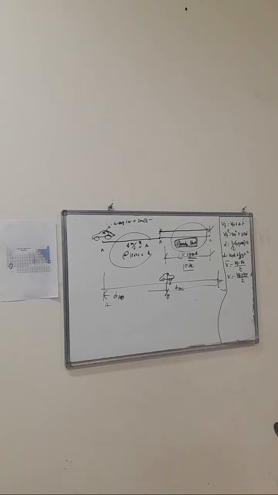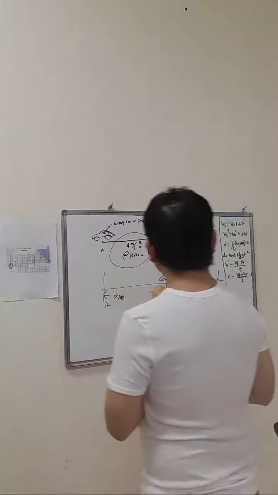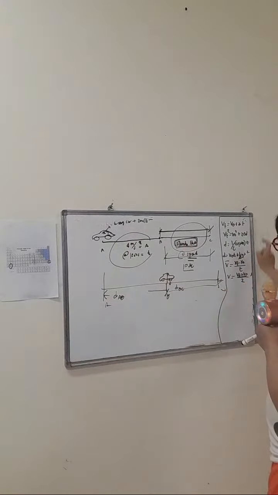So look at these equations to solve for the distance. Now check which equation is applicable. For the first one, you have an acceleration and you have the time here.